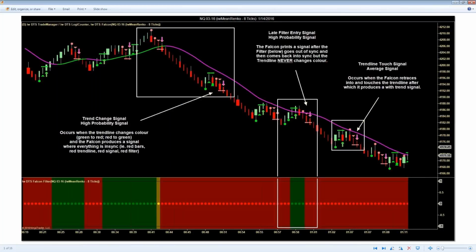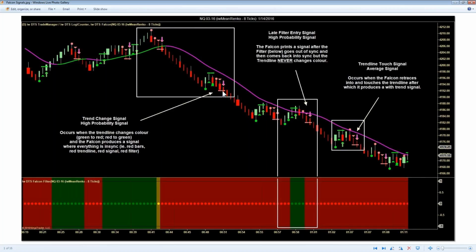The Falcon signals, these are the high probability signals that we're going to be focusing on. So we're going to look for the trend change signal. Unfortunately, this signal printed a little bit late. Normally it prints a little bit closer. You can see this bar right here was trying to become a trend change signal, but the market drifted a little bit.